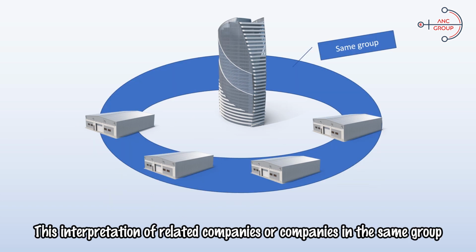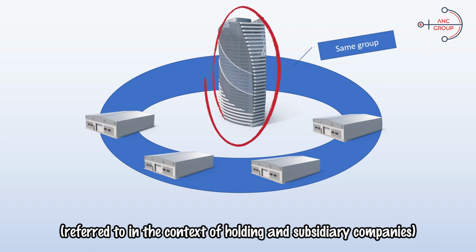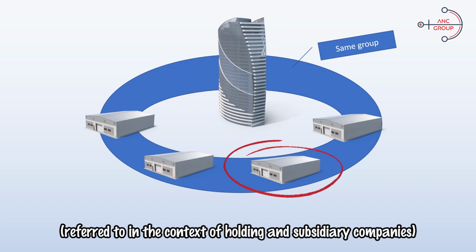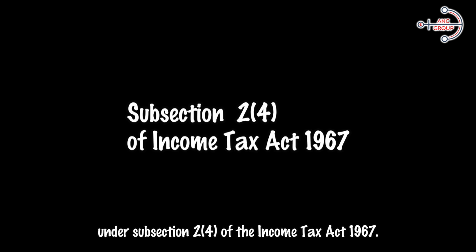This interpretation of related companies, or companies in the same group referred to in the context of holding and subsidiary company, is provided for under subsection 2(4) of the Income Tax Act 1967.